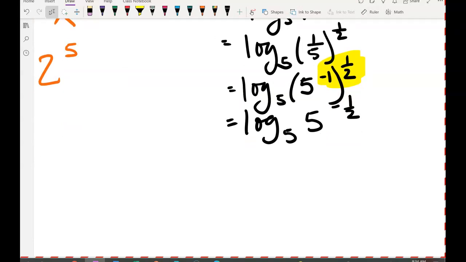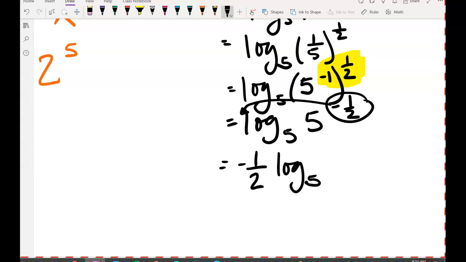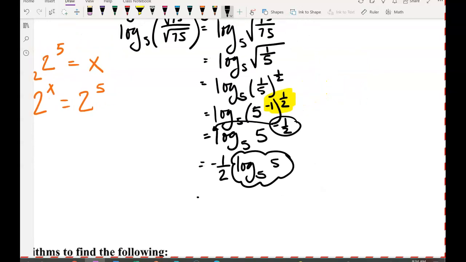Where does the power always go? To the front. This thing goes in the front. Log base 5 of 5 is always what? 1 times a negative half is what? Guys, it's like magic.